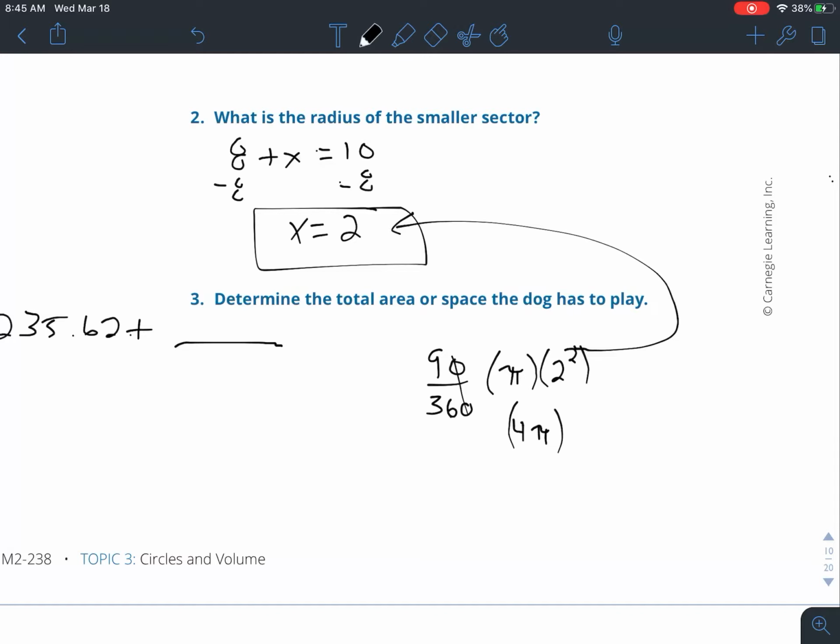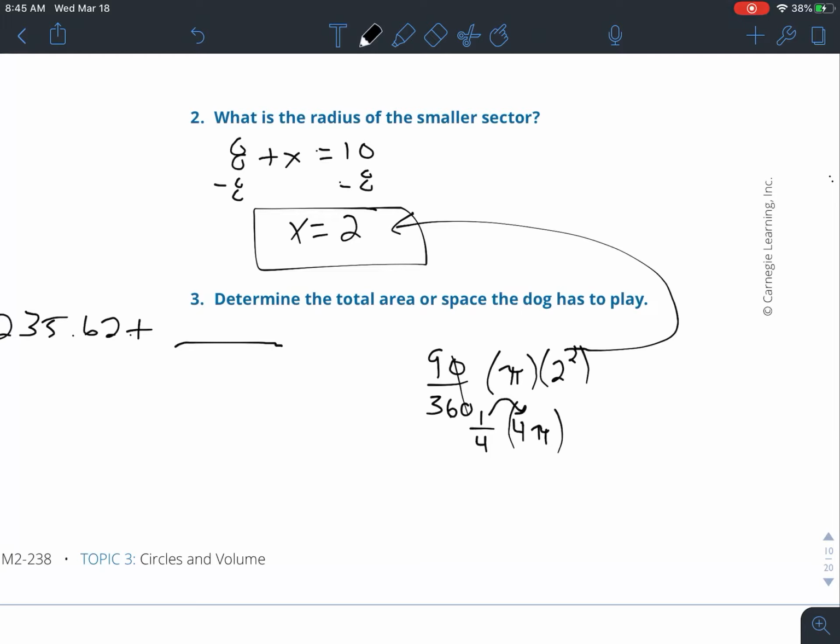Reducing 9 over 36, the common number is 9 for each, because 9 divided by 9 leaves us with 1, and 36 divided by 9 leaves us with a 4. So that's 1/4.